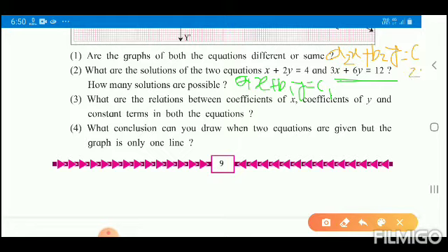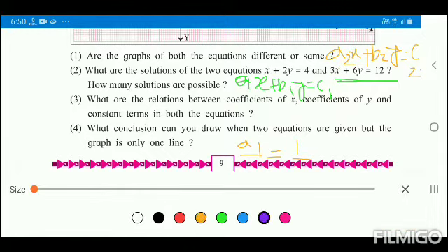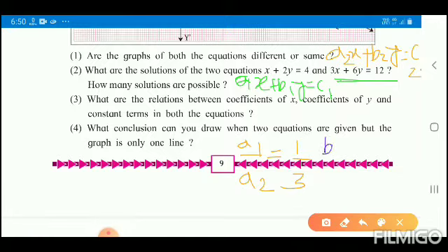Okay. Now, in the third question I asked you about coefficients. Here A1 upon A2 is equal to, the value of A1 is 1 and A2 is 3. Then B1 upon B2.